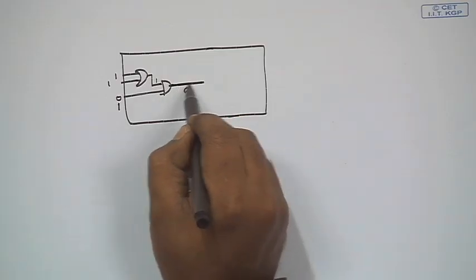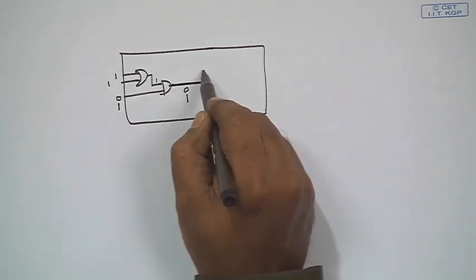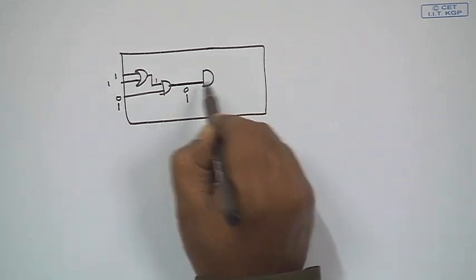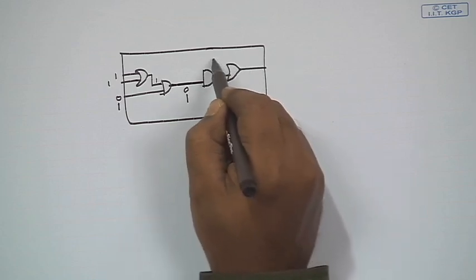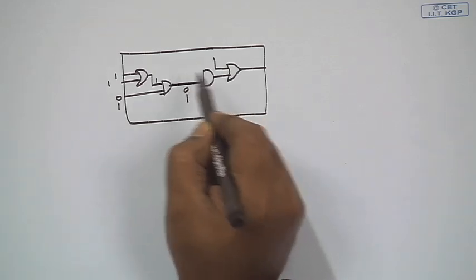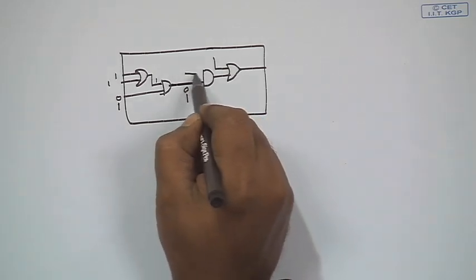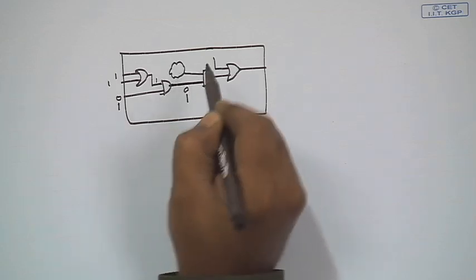Similarly, if I want to observe the value on this line, and it goes through some gates, like there is one AND gate here, there is one OR gate here. Now, you see this AND gate can have some input from some other place. So, there is some logic here which feeds this AND gate.